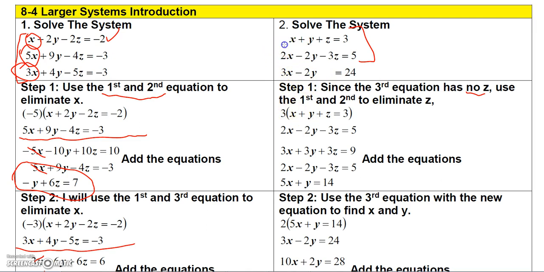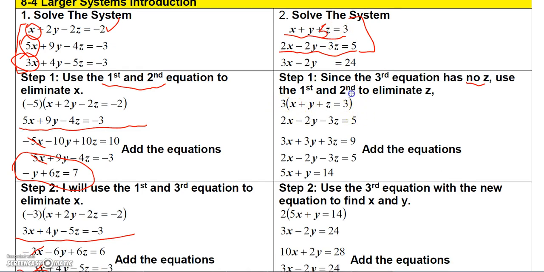So if I take this equation and this equation and I want to eliminate z, what I need is a 3 here so that when I add them, the z's will cancel. Well, the only way I can get a 3 there is to multiply everything in this equation by 3.